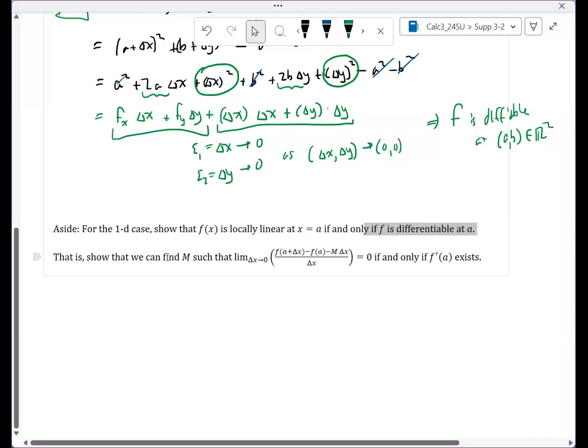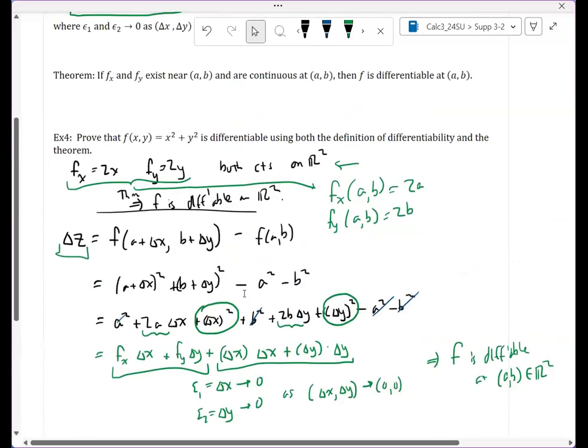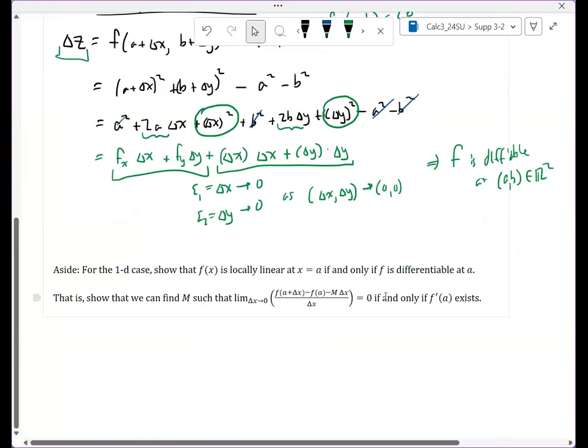So what we want to do is show that we can find an m such that the limit as delta x goes to 0 of f of a plus delta x minus f of a minus m delta x, all over delta x, equals 0. That's essentially what this criterion says, but in one dimension. We want to show that that limit is 0 if and only if f prime of a exists.